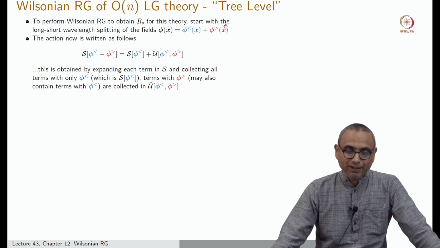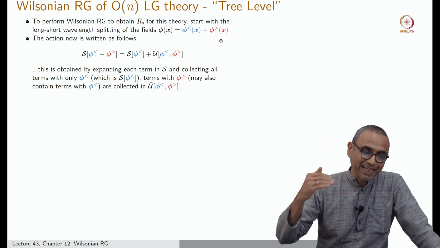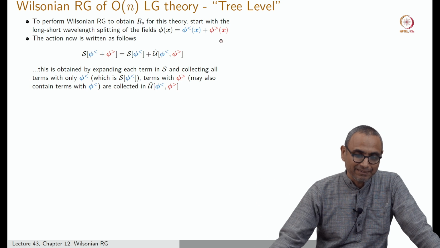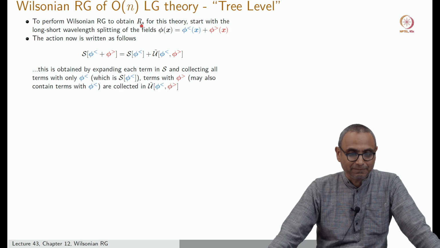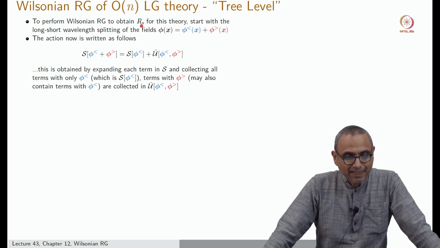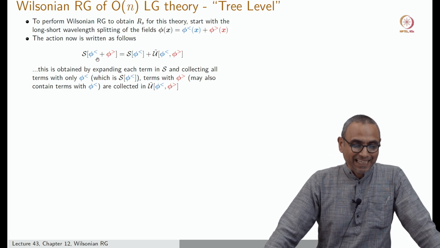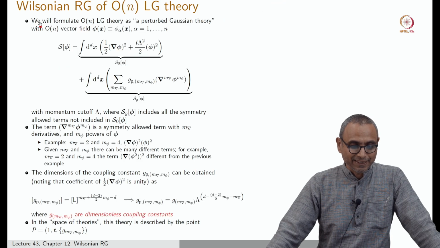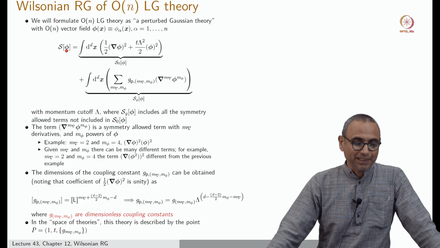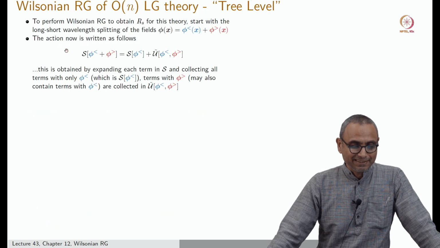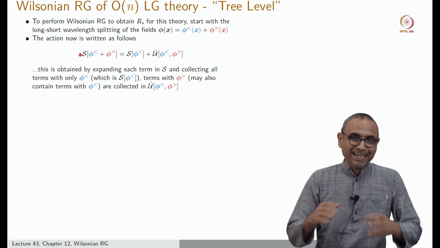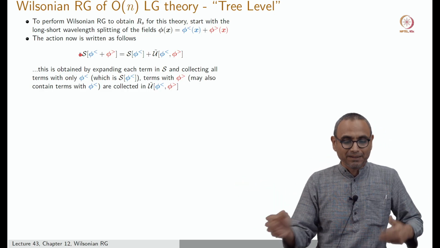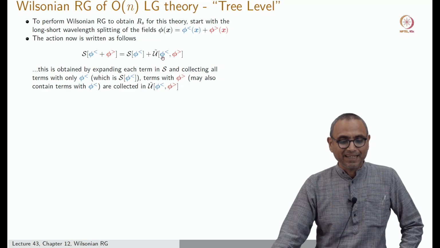Remember, the short wavelength fluctuations have all the momenta between lambda by s and lambda, because we are trying to construct a transformation with s as a parameter. Now we have this action which we have written down, and here I need to stick in phi less than plus phi greater than. So I have done that, and then I go term by term and expand the terms in phi less than and phi greater than.